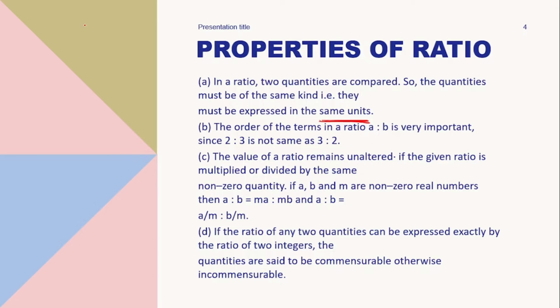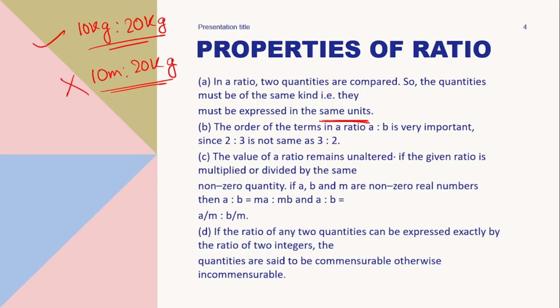If you are comparing two numbers or taking a ratio, they must be in the same unit or of the same kind. So we can compare 10 kg with 20 kg, it is meaningful. But if we compare 10 meter with 20 kg, it is not meaningful.